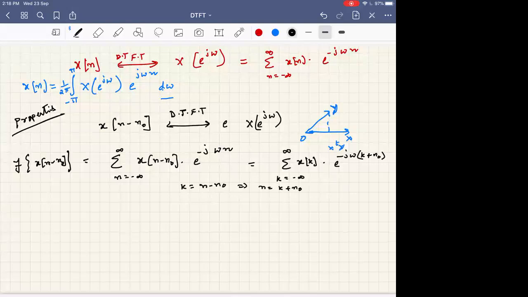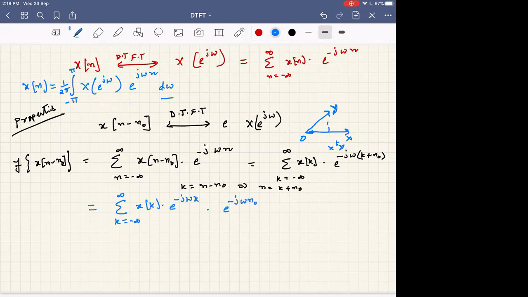I hope this is clear, for those who have not seen this many times before. So this is equal to the summation k equal to minus infinity to infinity of x of k e power minus j omega k into e power minus j omega n naught.